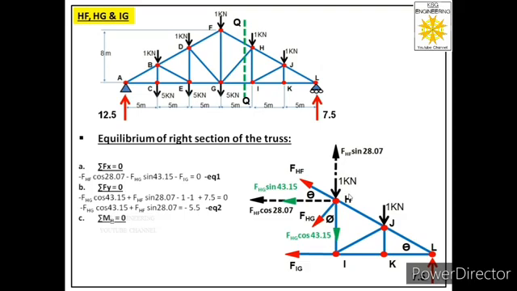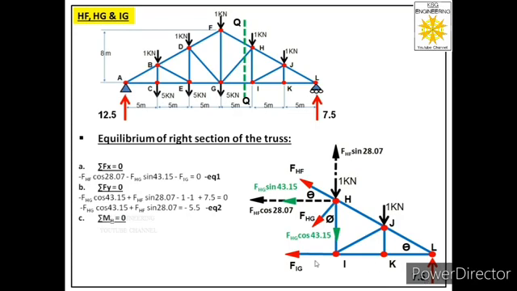If we consider moment about joint H, then we are left with only three forces for which we have to find the moment about joint H. Those are FIG, 1 kilonewton and reaction 7.5.